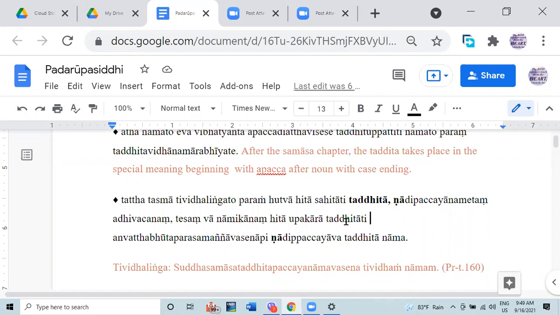So in this case, not Taddhitaka, because Taddhita is enough to refer to the Taddhita suffixes. So there is no Taddhitaka, because Taddhita is according to the first definition.